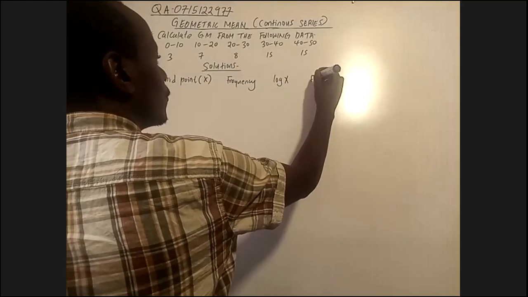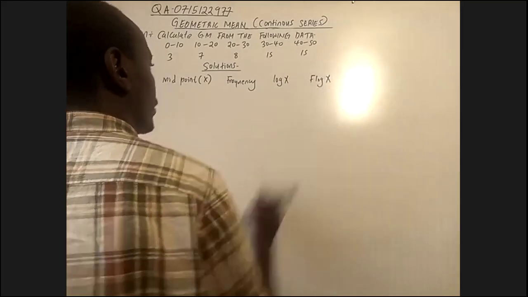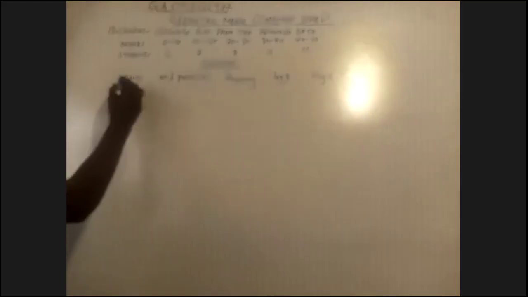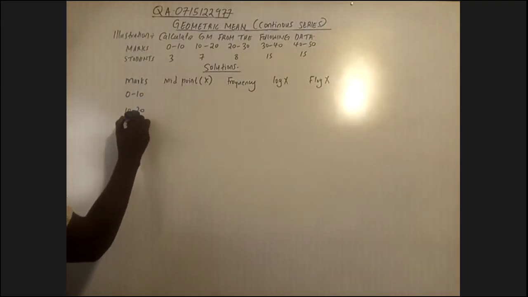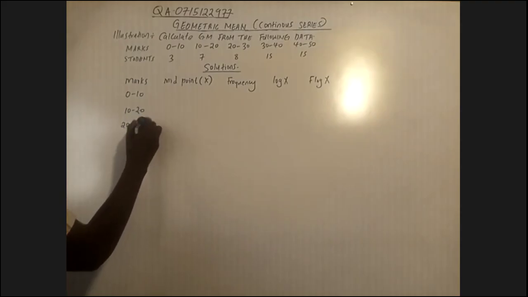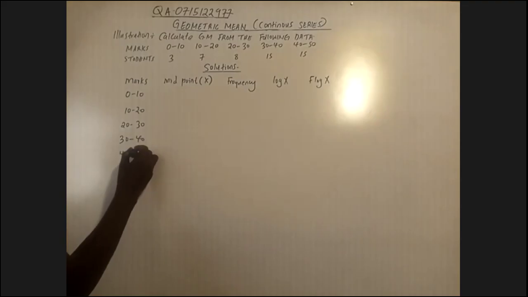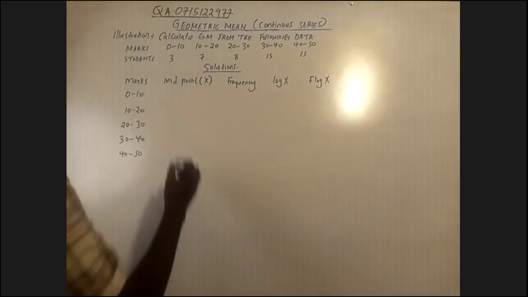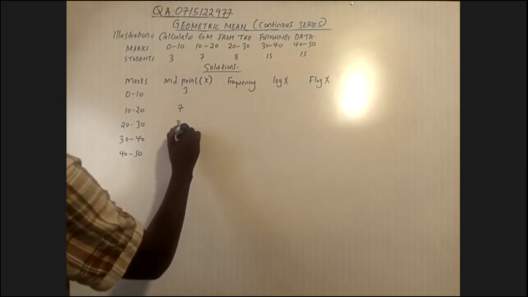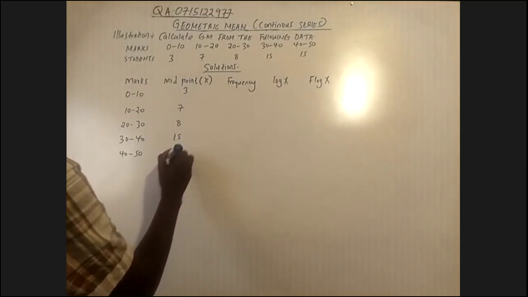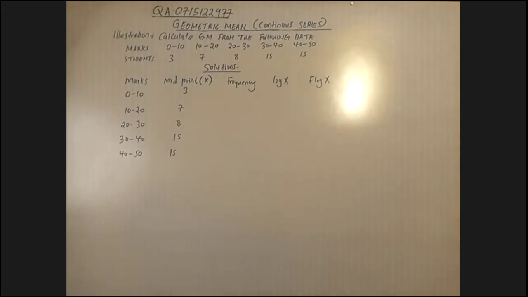Then f log x. So 0 to 10, 10 to 20, 20 to 30, 30 to 40, 40 to 50. Frequencies 3, 7, 8, 15, and 15.